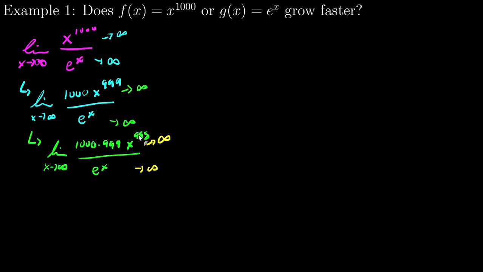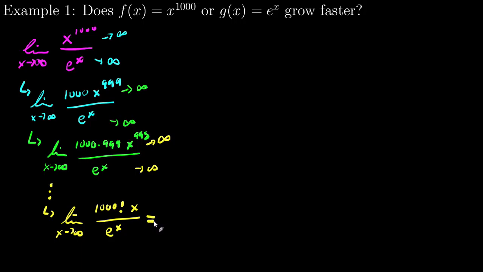If I take this derivative 1000 times, I make sure I'm doing that correctly in my head, actually 999 times, so I'll put a little ellipsis, I will get the limit as x approaches infinity of 1000 factorial x over e to the x, which still approaches infinity over infinity.